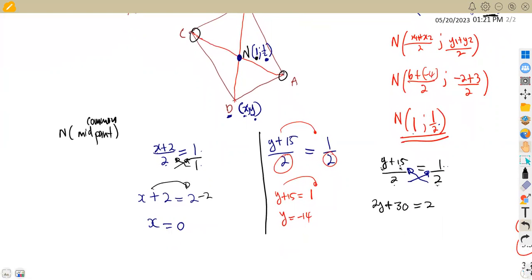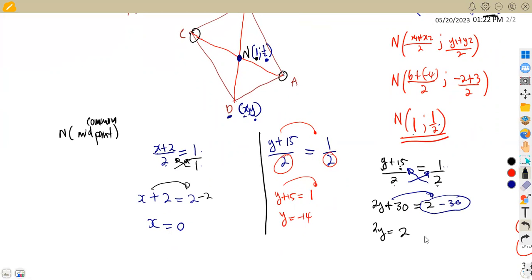We can transpose 30 to the other part of the equation. That's 2Y is equal to 2, and if we transpose the 30 to the other side of the equation, it is going to be minus 30 in this case. So 2 minus 30, which is negative 28. So to find Y, divide by 2, so Y is going to be negative 14.